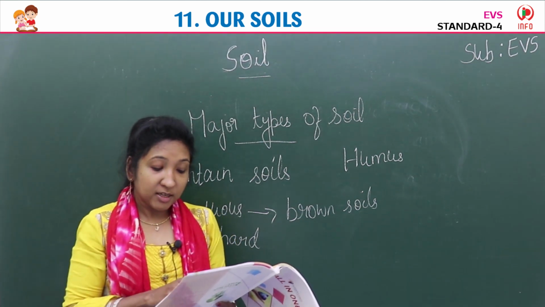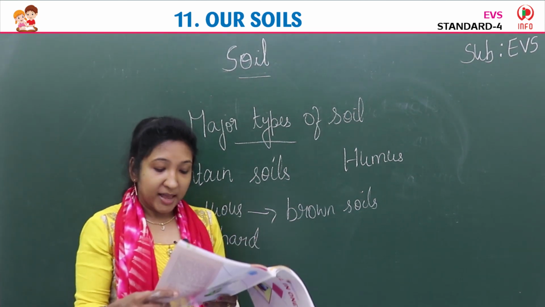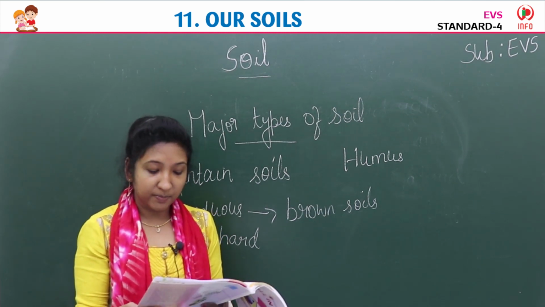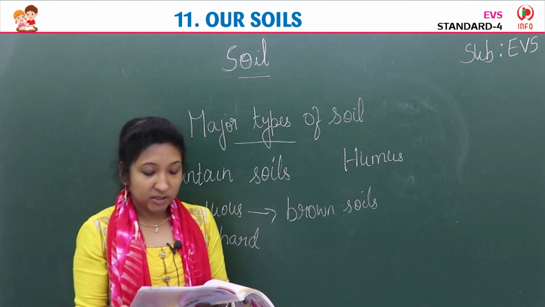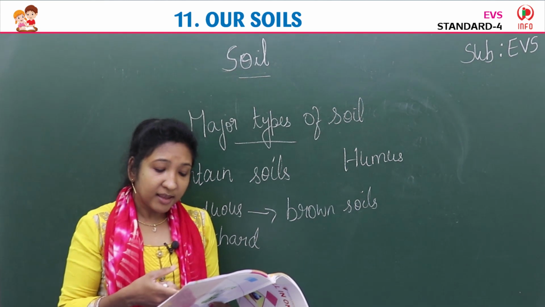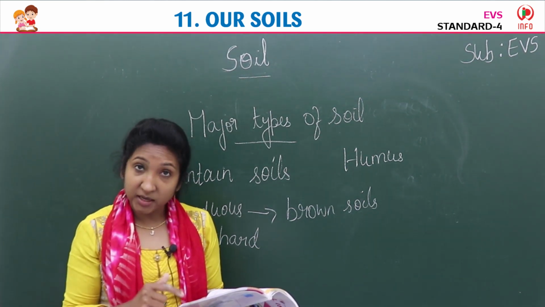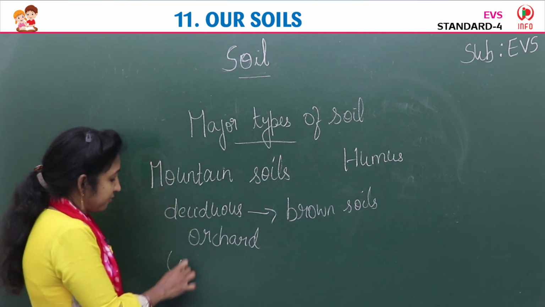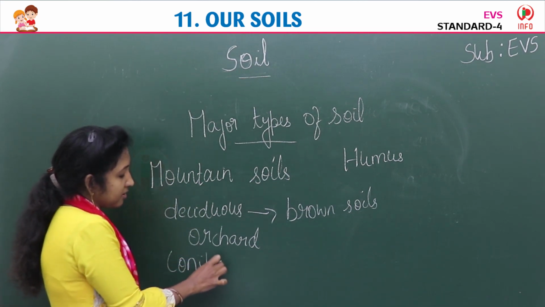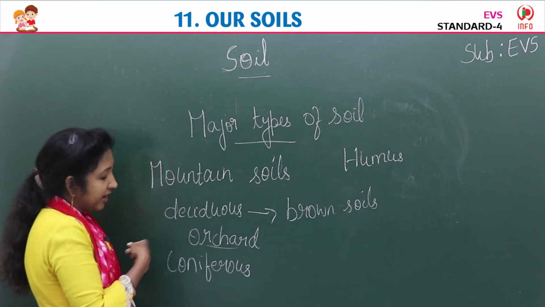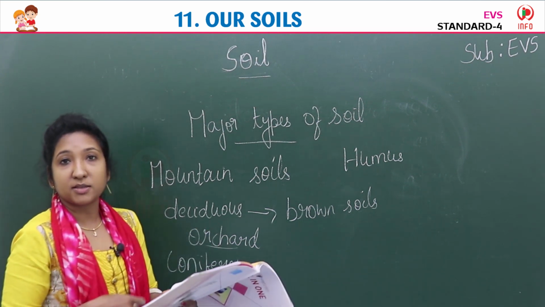In coniferous forest belts in Jammu and Kashmir, Himachal Pradesh, Uttarakhand, Sikkim, etc., brown forest soils called podzol soil are found. These are the other areas where we can find brown soils. One forest is deciduous, then orchard gardens, then coniferous forest.